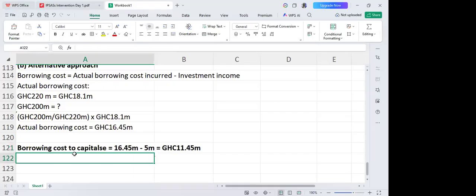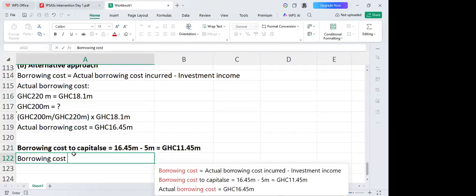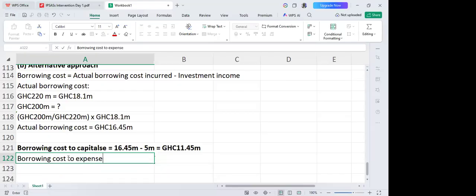What about the borrowing cost to expense? If you want to know the aspect you're expensing, we know the total borrowing cost to be 18.1 million. We know the one we have capitalized: out of the 18, we got 16.45 million.